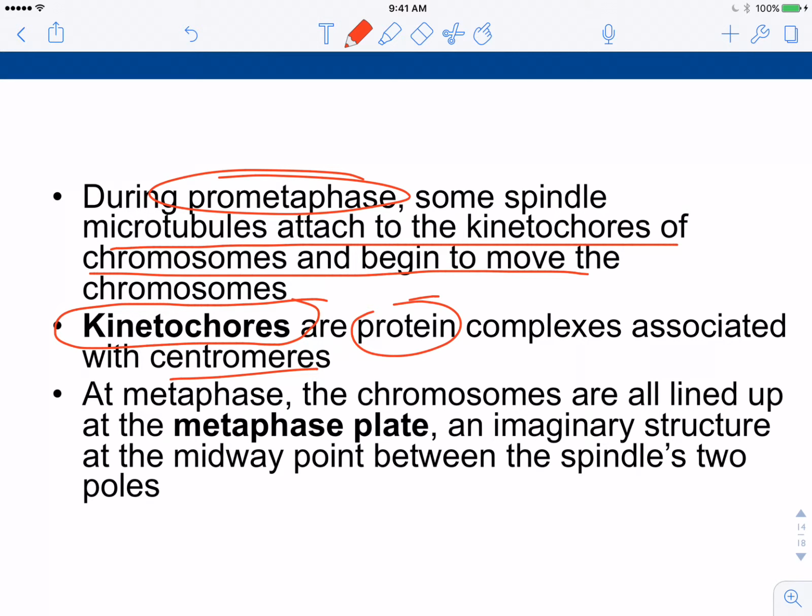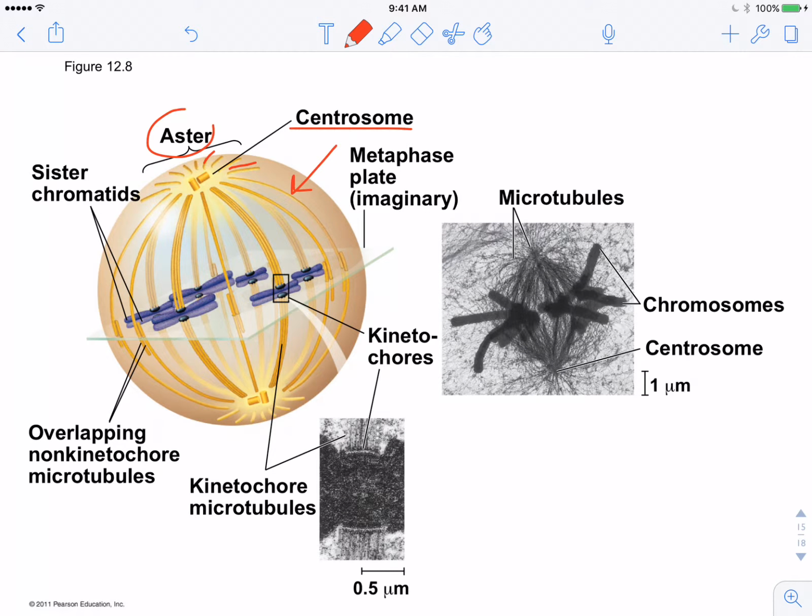Once you have the chromosomes all lined up at the metaphase plate, that's when you're ready for transitioning into the next phases of mitosis. So now let's have a look again. You have your aster, your centrosome, and then your spindle microtubules. And you can see here some of them are attached to the kinetochores, which are on the centromeres.